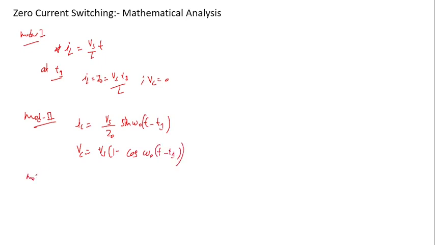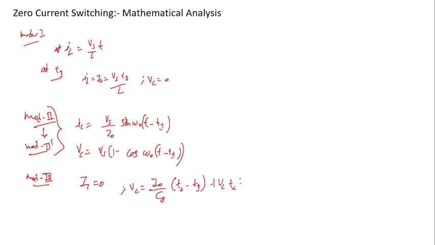Here in mode 3 or mode 2 prime, remember mode 2 prime will draw the same current, so we can take these two equations, which remain the same for mode 2 also. So what will happen in mode 3? In mode 3, IL becomes 0. Vc will draw I0 divided by C, into (t minus t2), plus Vc of t2.